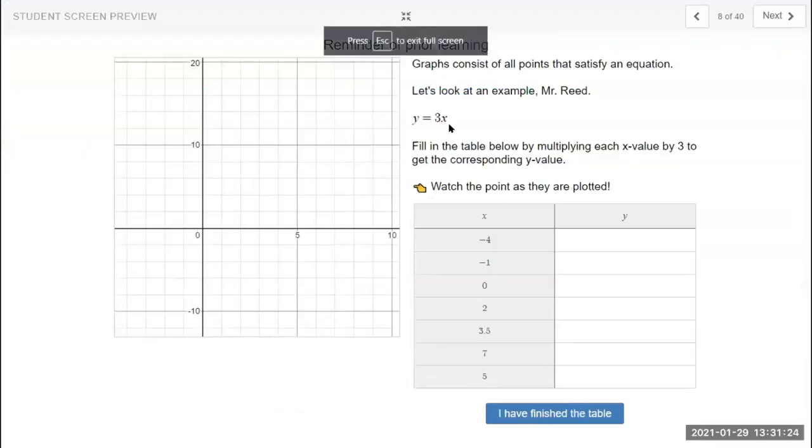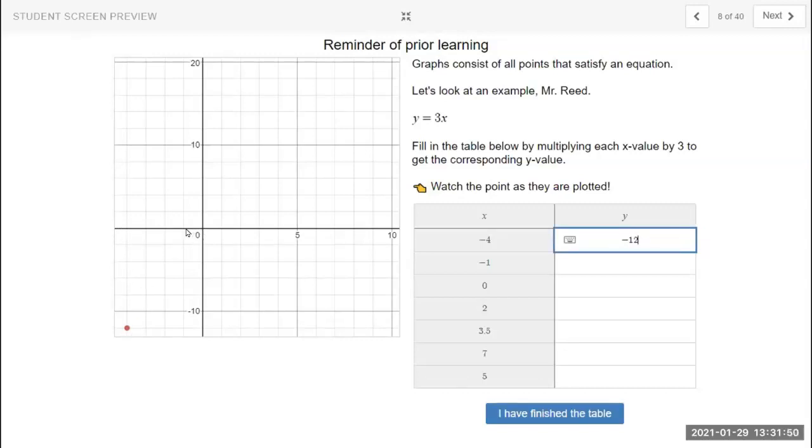This is just filling in an XY table based on this function rule. 3 times the value of X is going to get us our Y's. So if I do this, of course, you could pull up Desmos, the graphing calculator, in a different window and do all of this. I'll just go ahead and do it though. -4 times 3 is -12. And then you see it graphed -4, comma, -12.